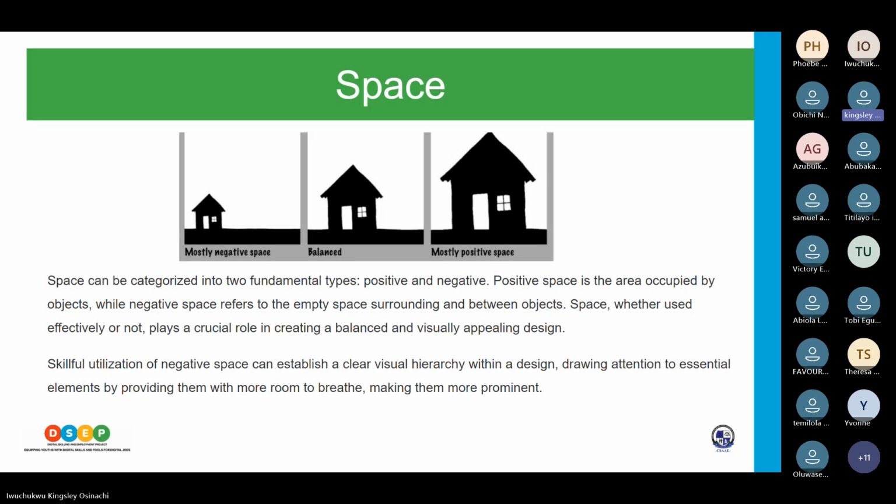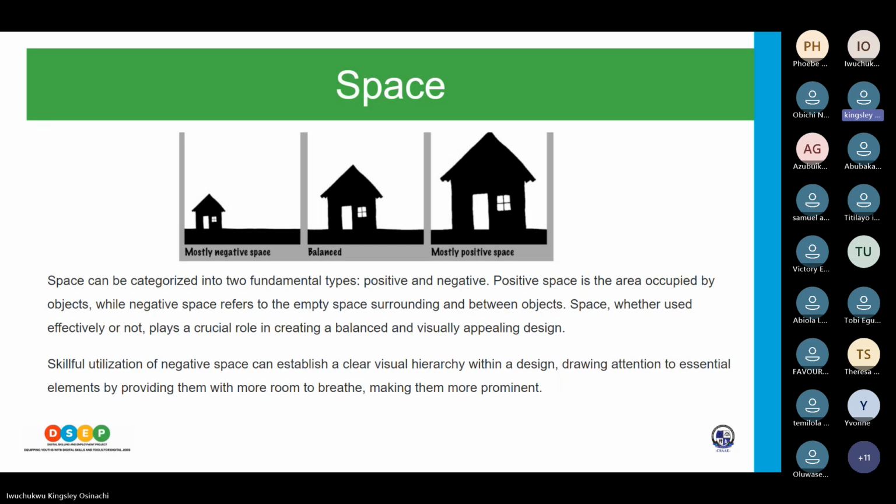So space can be categorized into three fundamental categories, positive and negative space. Positive space is the area occupied by objects, while negative space refers to the empty space surrounding and between objects, right? So this is one thing that always comes into play in design, negative space and positive space.